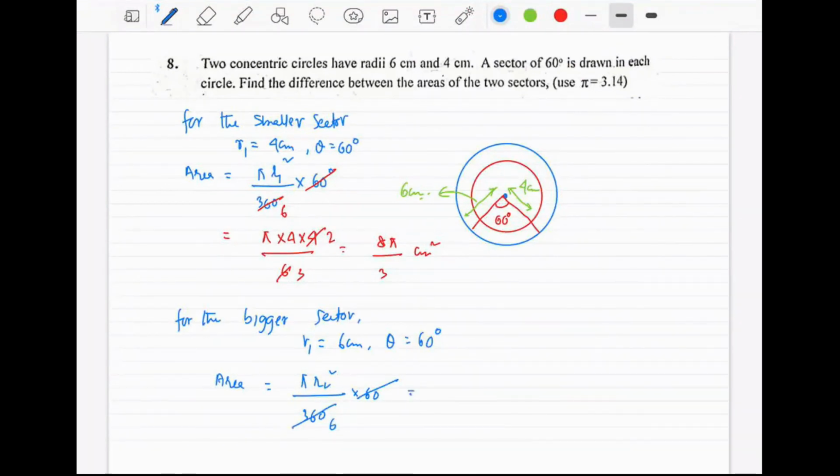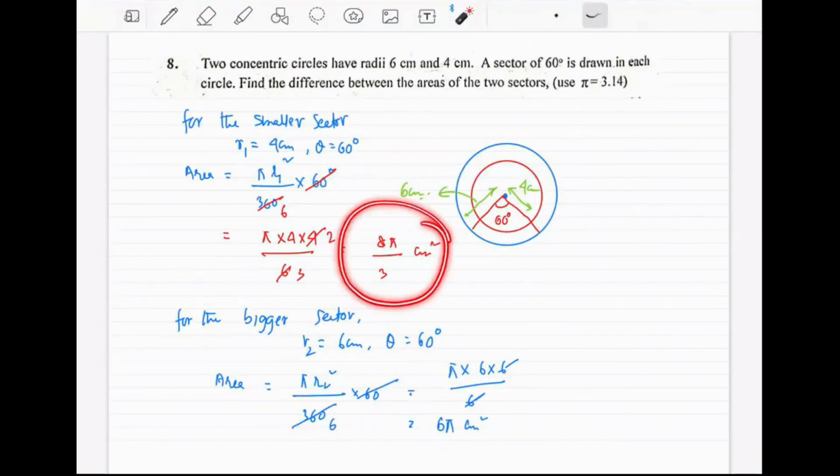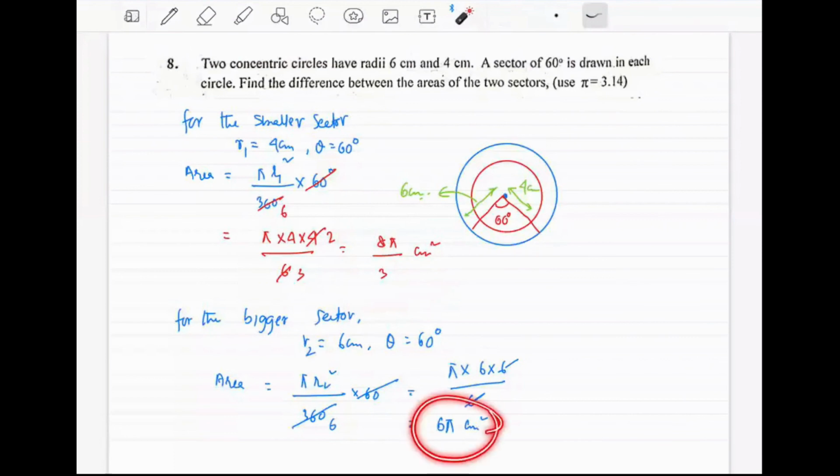Sorry, I put R1 here, I have to put 2 here. R2 is 6, so we replace it with 6. Now 6 and 6 can cancel. So we have 6 pi. This is the area of the smaller sector, and this is the area of the bigger sector.